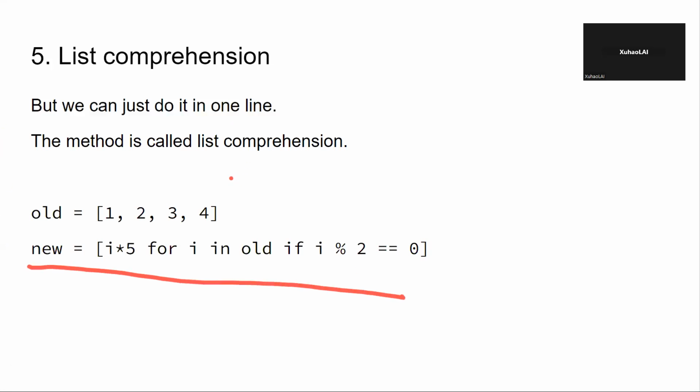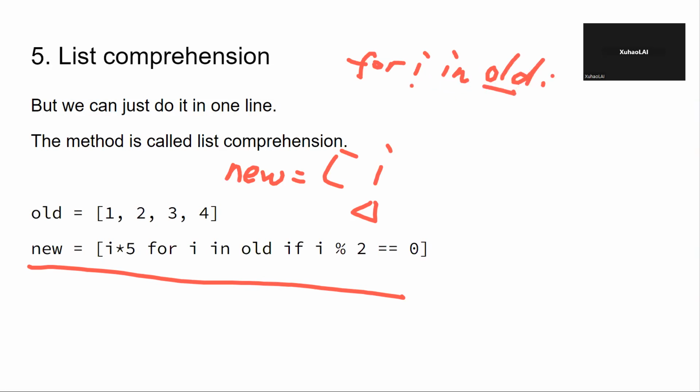We already know that we can create a new variable name, maybe also element, to represent every element that we're going to look through in the list. So usually we have for I in old. Old is a list. So I represents every element in the old list that I'm going to look through individually from left to right, one by one.